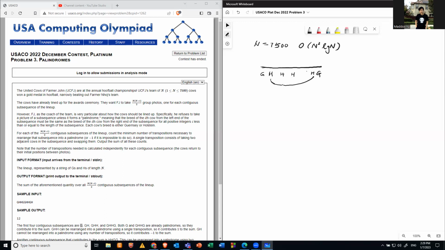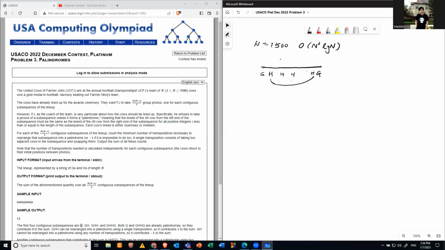Because if you match, for example, up to here, then you have to move this edge, somehow swap it to make it there. That doesn't make sense, right? It's not the minimum movement anymore. So it has to be the one most to the left side that matches up with the one most to the right-hand side. No edge should jump over another edge.